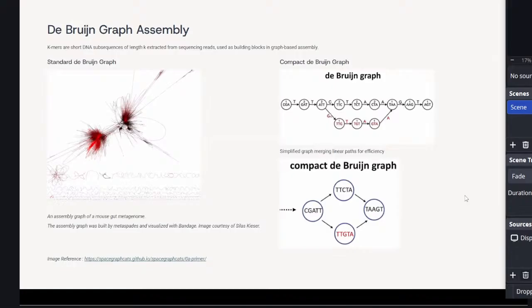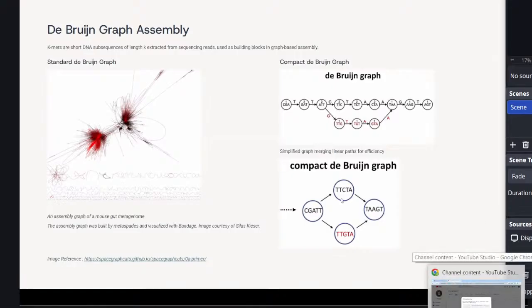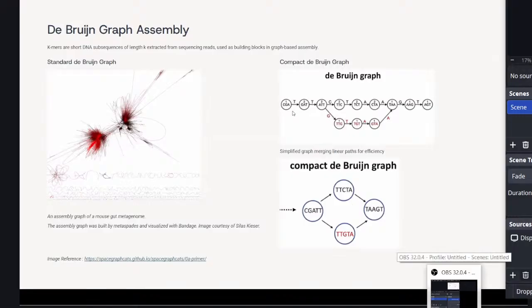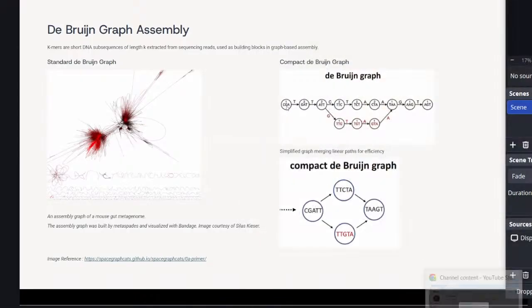So wherever there is a branch, it is present like this. And all the regions where there is no branching are merged into a single node.